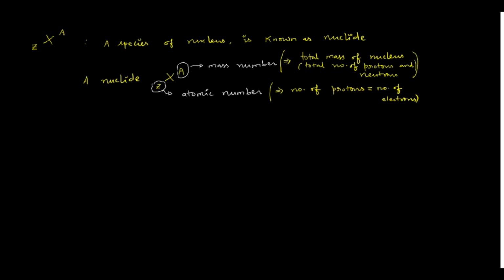So the mass number A gives the total of the neutron number and the number of protons, which is nothing but Z. Which means A is equal to the number of neutrons plus the atomic number, which implies A minus Z is equal to N. That gives you the number of neutrons.